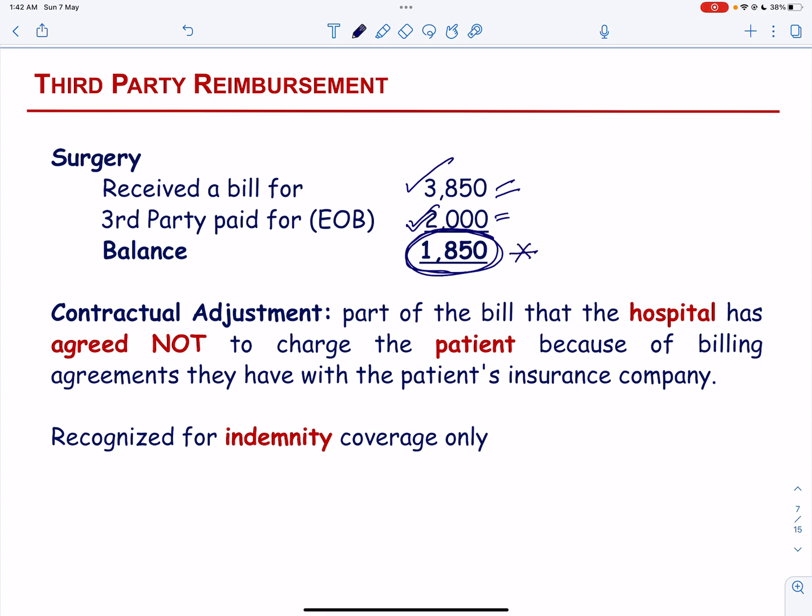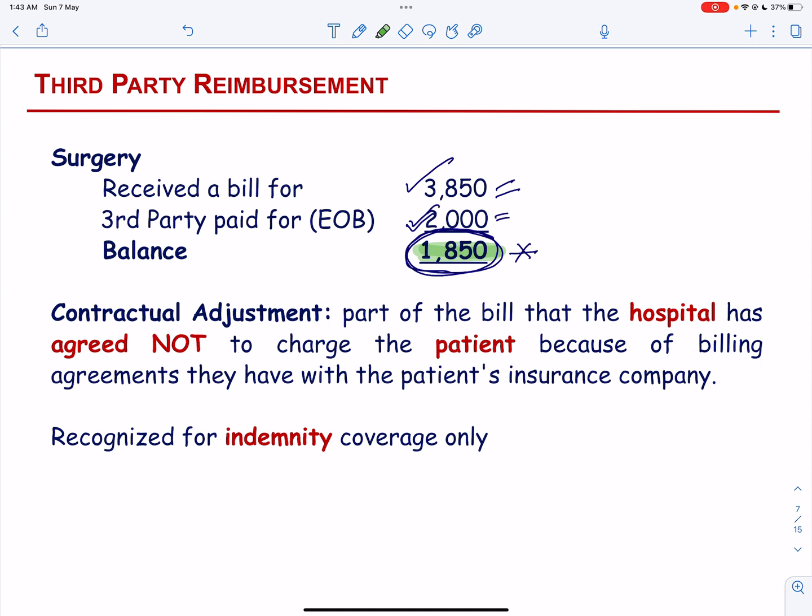But you may be surprised that the patient is not going to pay the balance amount, as there is an agreement between the hospital and the insurance company for the amount the hospital will charge the policy holders, and in this case it is 1,850. The insurance company has already paid the health provider, the hospital.